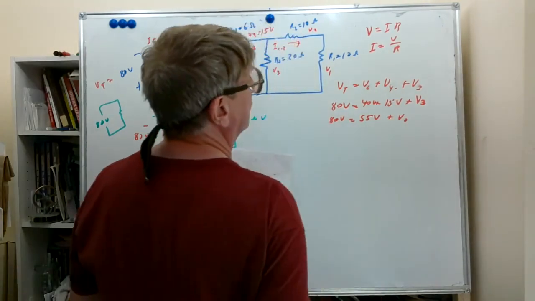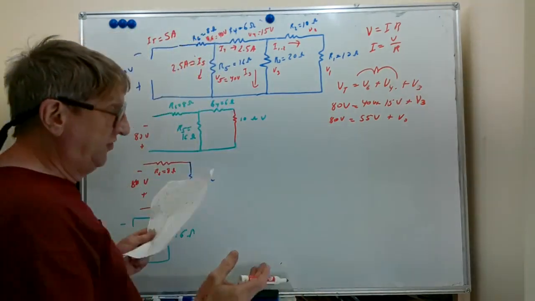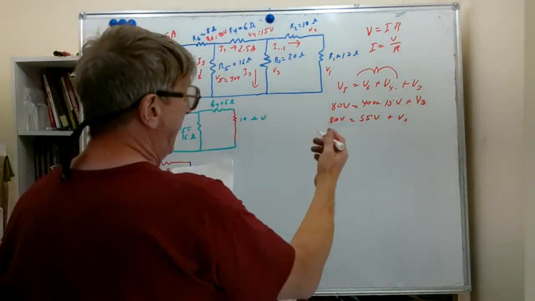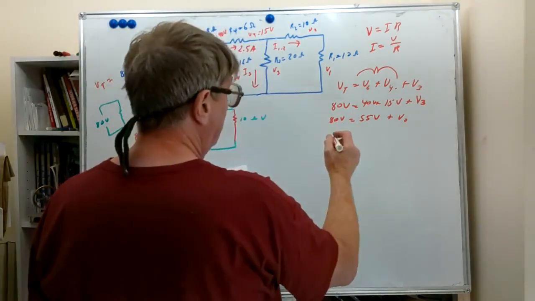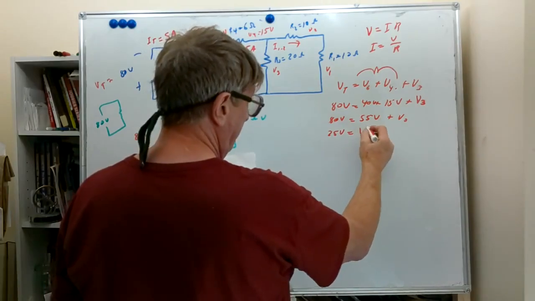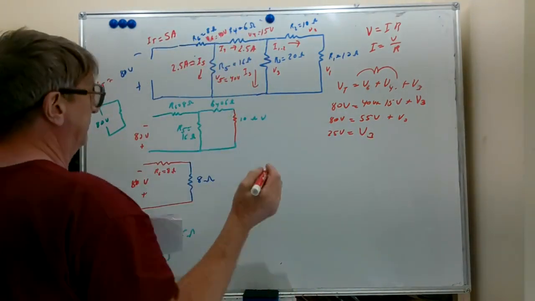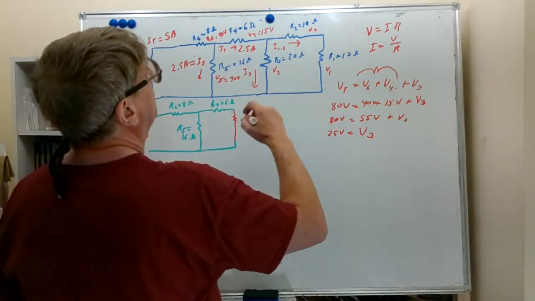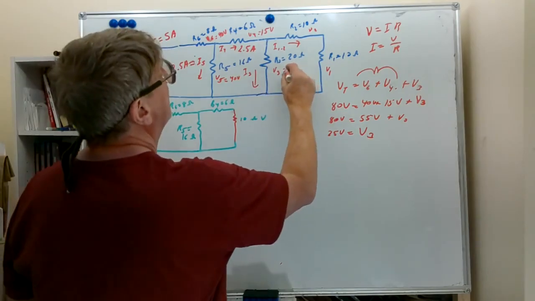What we've done here is just combined V6 and V4 into a single number. Subtract 55 from both sides. 80 minus 55 will be 25 volts equals V3. So we have now solved the voltage for V3, which we'll put right on the diagram here, with 25 volts.